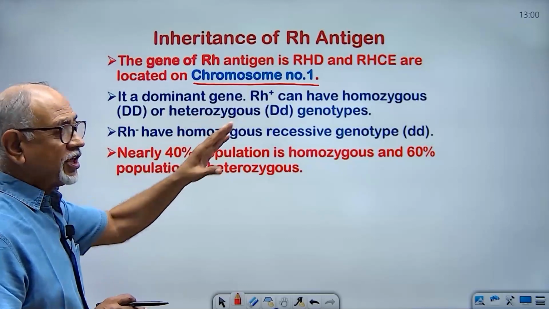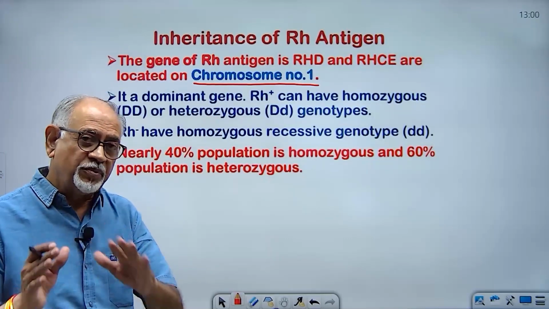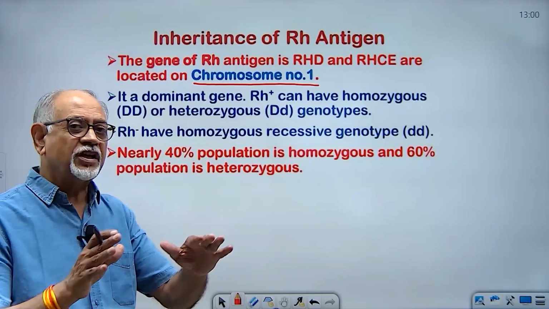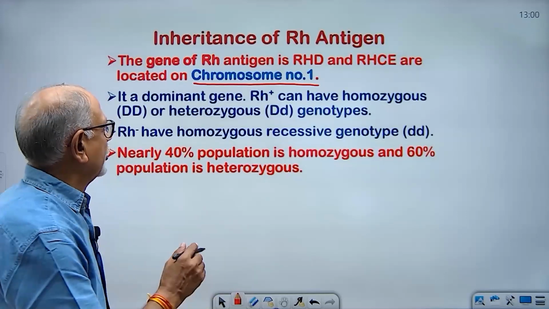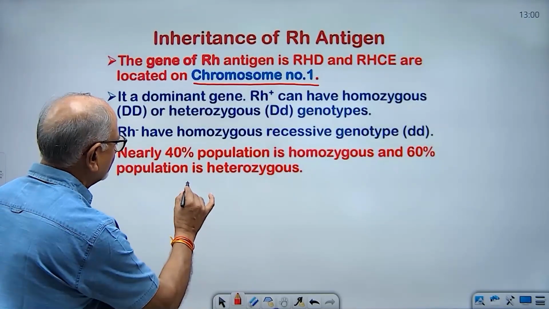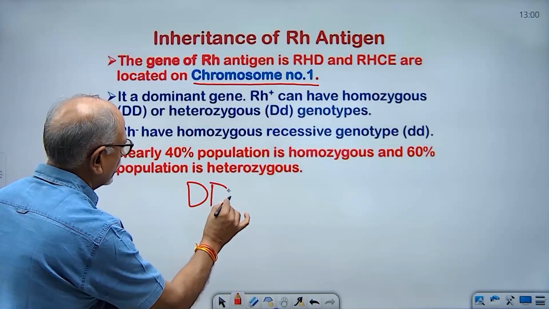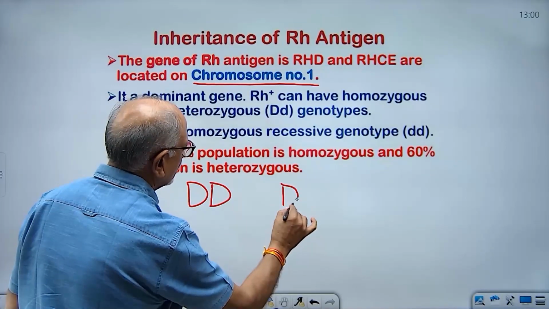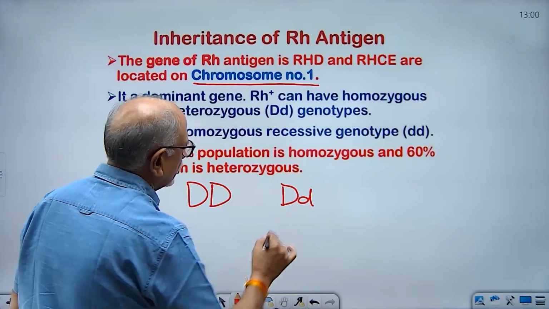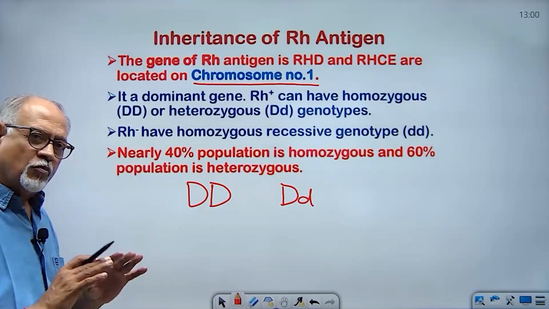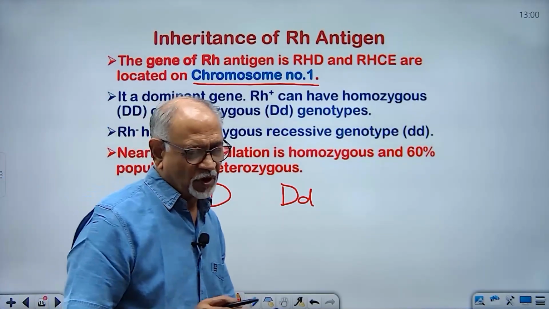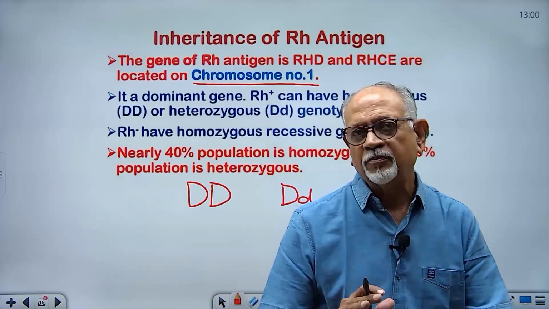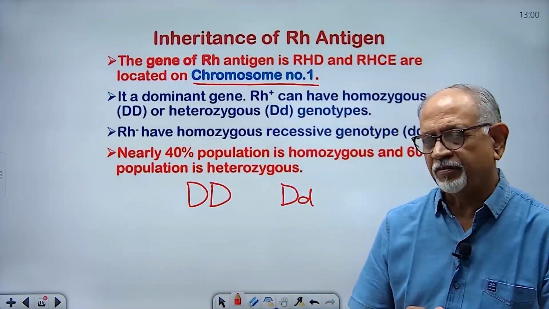So, RH positive people can be homozygous or heterozygous. Both of them will be phenotypically RH positive.